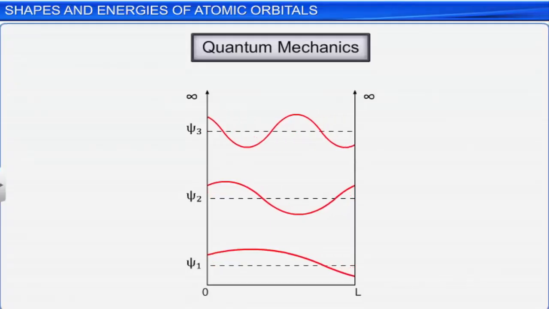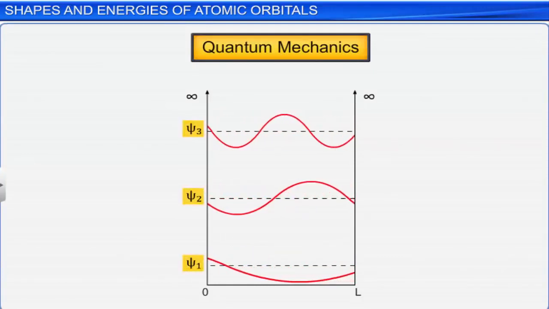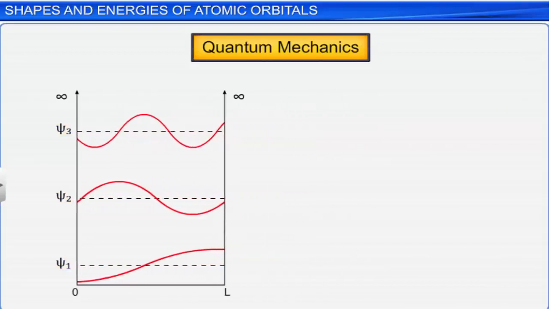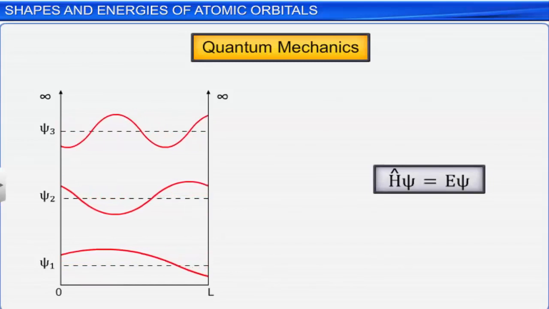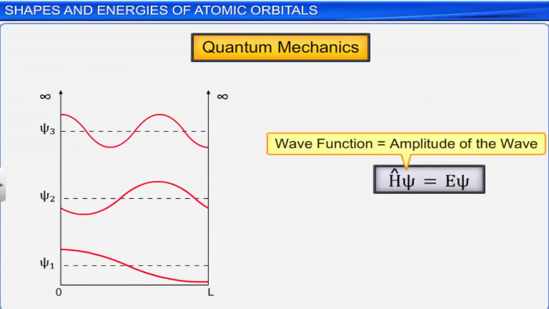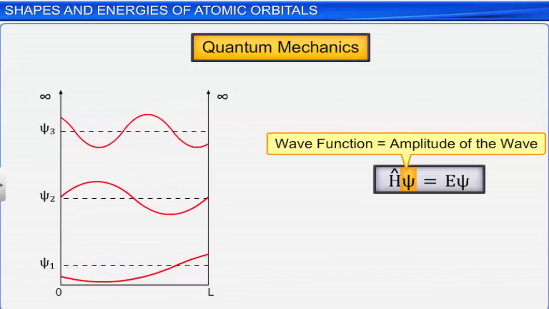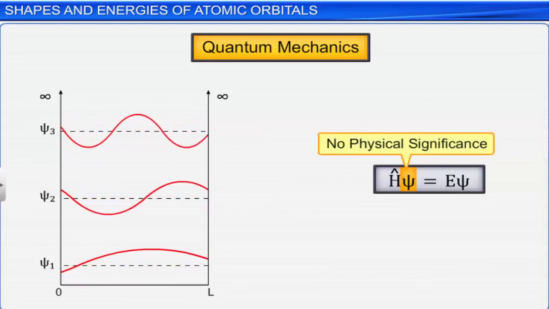We have already learned that in quantum mechanics, all the properties of a system are expressed in terms of a wave function. This is obtained by solving the Schrödinger equation. The wave function, psi, is a mathematical function that represents the amplitude of the wave. It does not carry any physical significance.